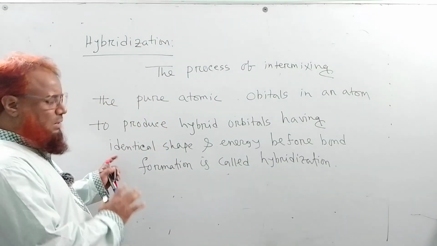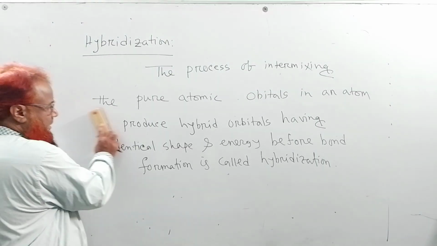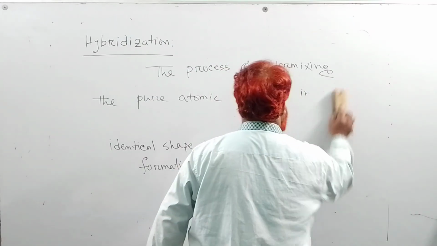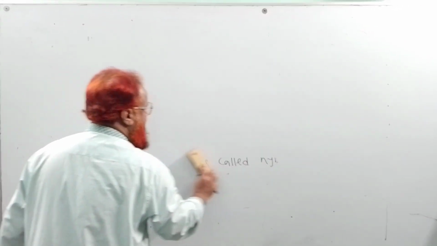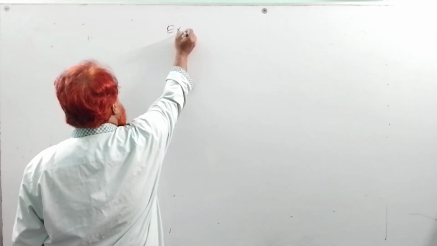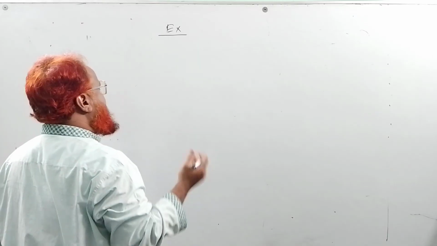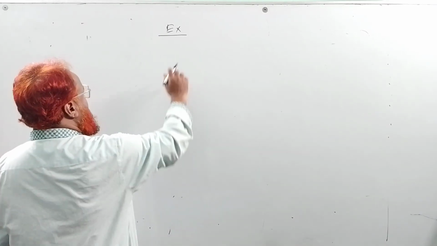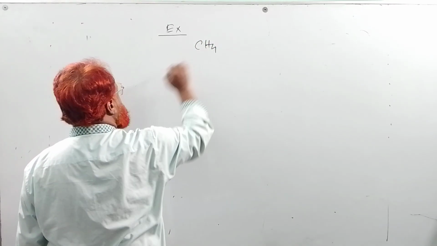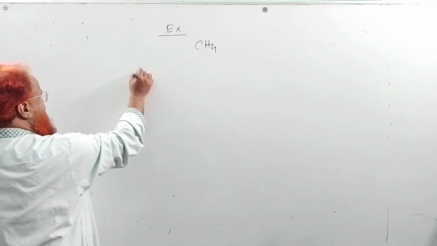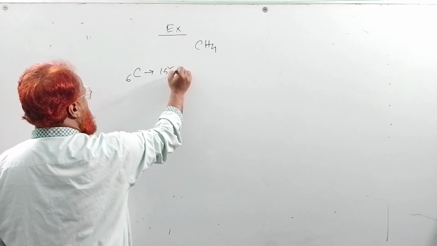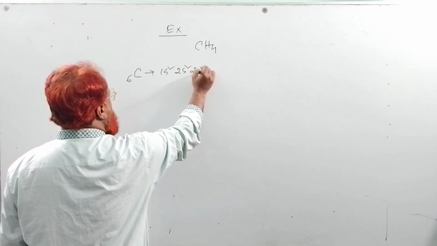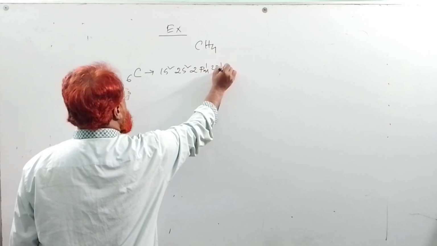Whatever, we will discuss the definition through an example, then it will be easier for you. It's a very common example, just for knowing the definition of hybridization: CH4. You know that CH4 is made by carbon, and the electronic configuration of carbon at normal state is 1s2, 2s2, 2px1, 2py1 and 2pz0.